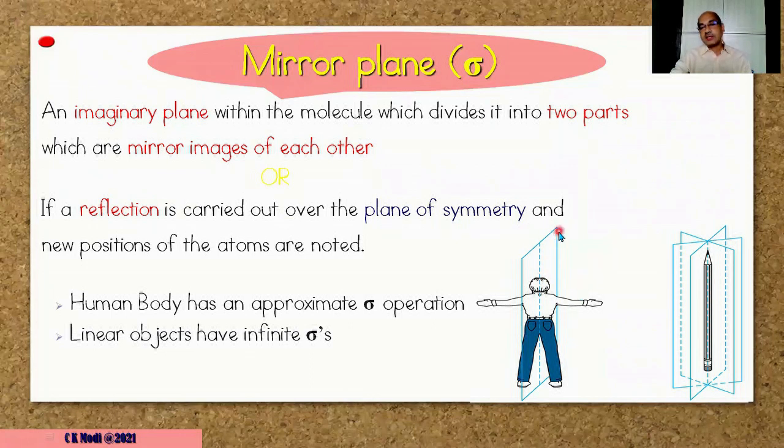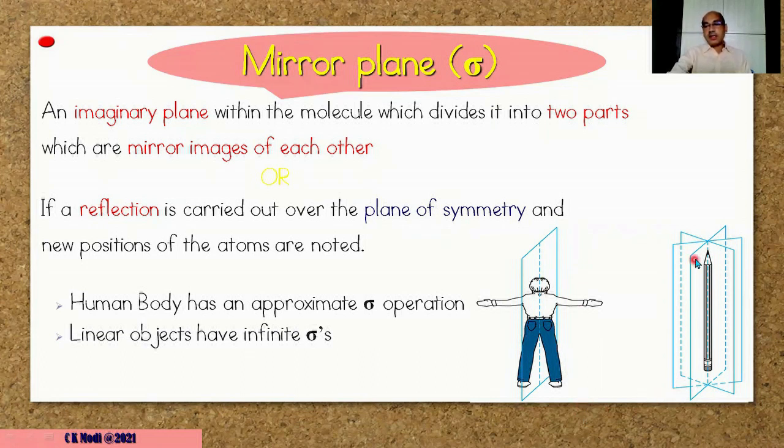So if we pass an imaginary plane through the center of that molecule or object, it divides it into 2 parts. Look at this human body: if we pass a mirror plane through the center of the human body, it divides into 2 parts, this part and this part, both of which are mirror images of each other. Therefore, it has a mirror plane.